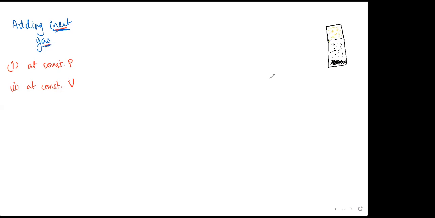Then what is going to happen to the overall pressure of the black color gas that is already there in the mixture? With respect to the black color dots that are already there, what happened to the overall volume? It increased. Which means that the partial pressure of the black color gas has increased or decreased? Has increased.